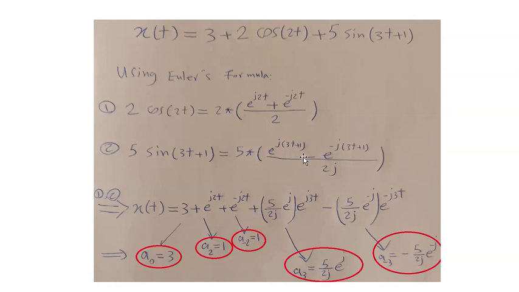Plus, how do I write this one? Look here, I have e to the power of j(3t plus 1). Of course, I can get rid of this 1 by writing it as e to the power of j times e to the power of j3t. The same here.